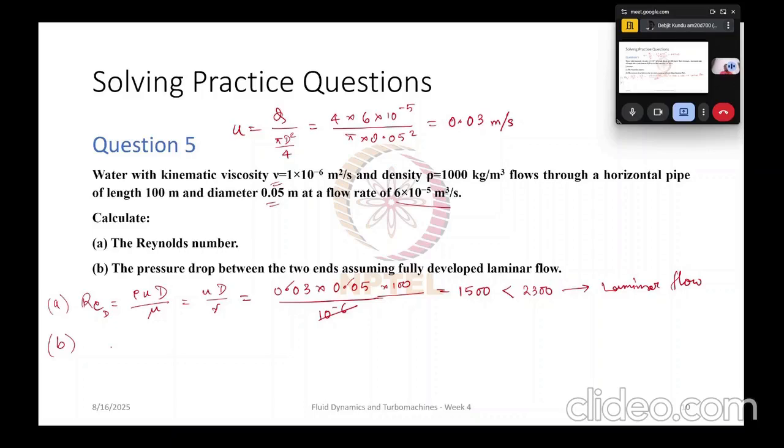Now, we know the pressure drop for laminar flow through a circular pipe is given by 32 mu U L, where L is the length of the pipe, divided by d square.